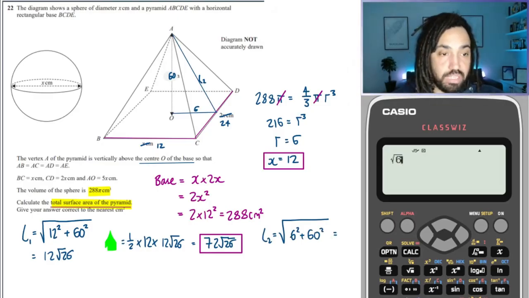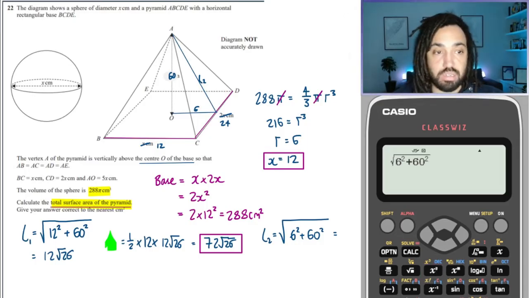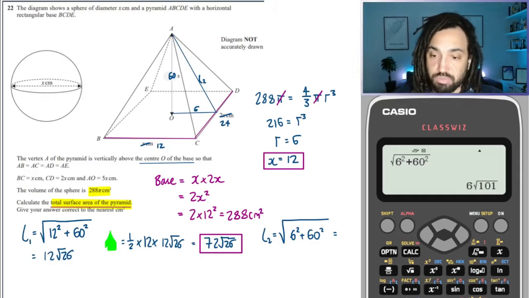which will be 6 root 101. Okay. That's equal to 6 root 101.